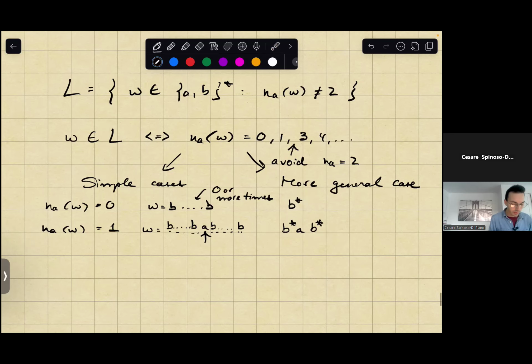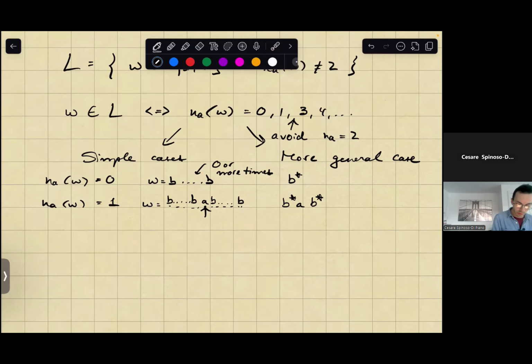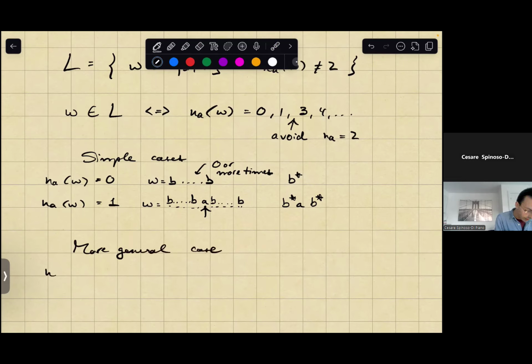Now the more general case: the more general case is when the number of A's in the string W is strictly greater than 2, so any of these possibilities. This was the general case, and these were the two simple cases.